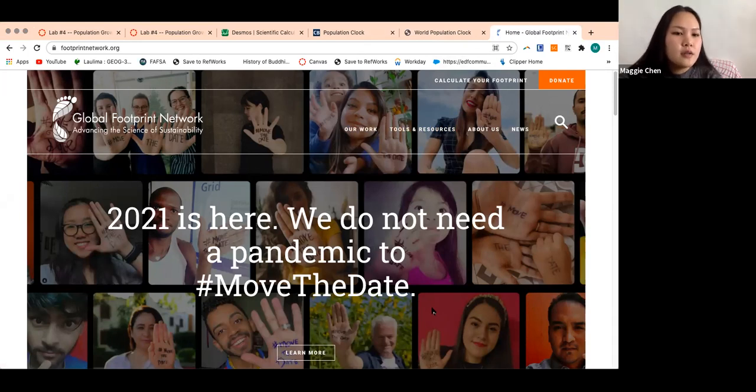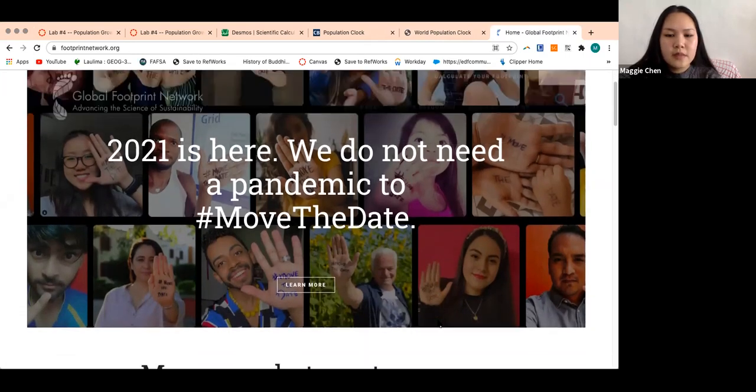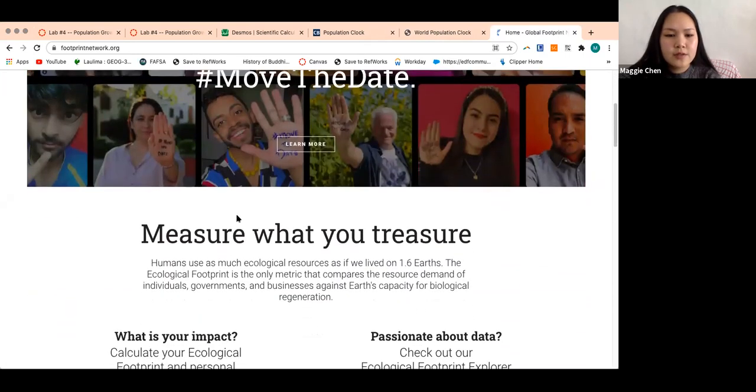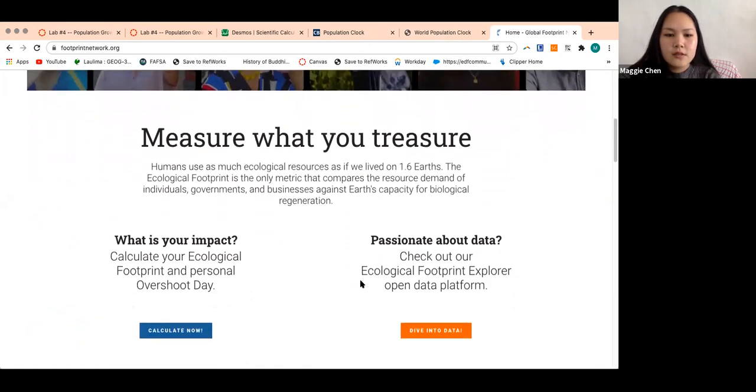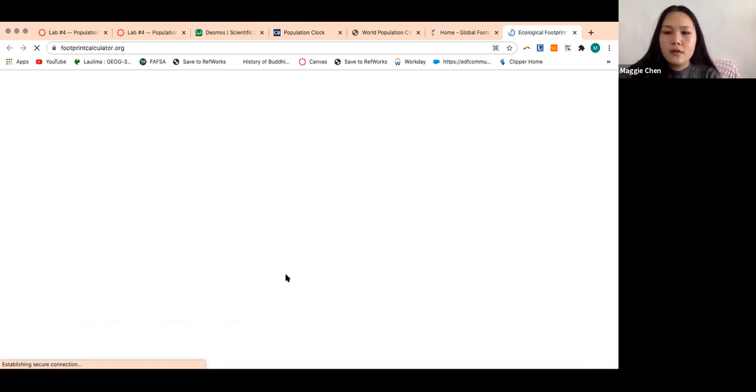On the Global Footprint Network website, there's a little bit of background information, measure what you treasure, and all of that. There's data available to us, but what we really want to do, on the left side, is calculate our own ecological footprint. If we click into calculate now, it'll take us to our footprint.